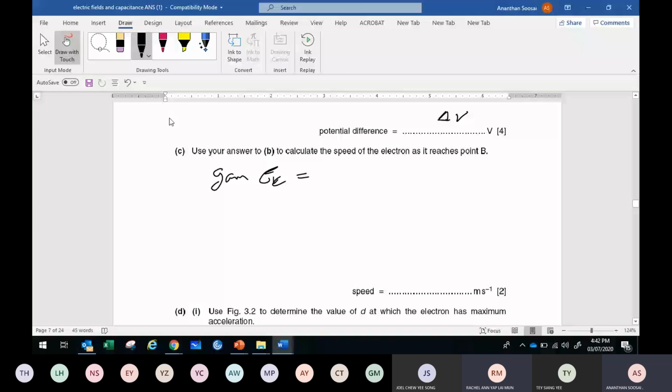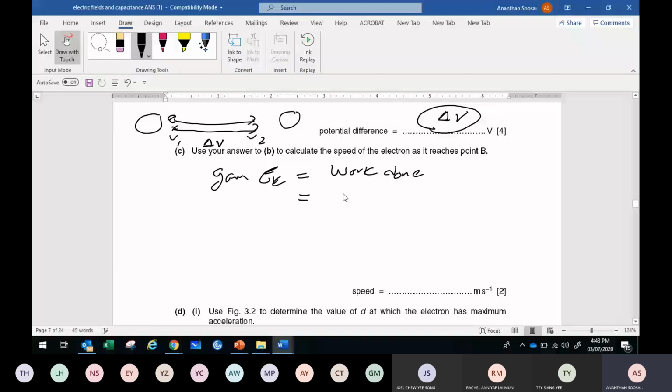So you have two bodies with charge, and the electron is moving from one potential V1 to another potential V2, and we know the change in potential. So when the electron moves from here to here, they're asking what is the gain in kinetic energy. So gain in kinetic energy equals what? Work done, right? Work done. So gain in kinetic energy is the same as what?